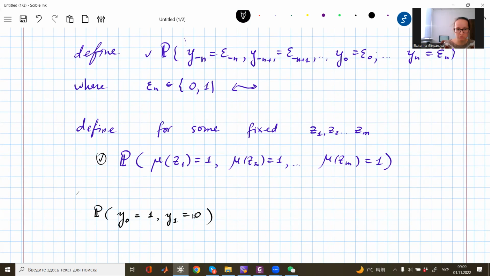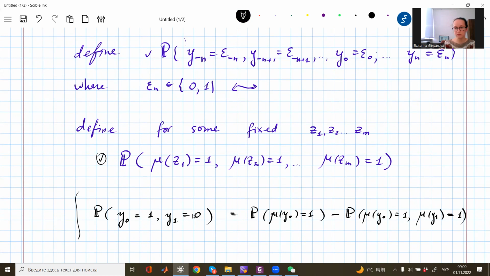You just need to write the probability that mu from y0 is equal to 1, minus the probability that mu from y0 is equal to 1 and mu from y1 is equal to 1 also.